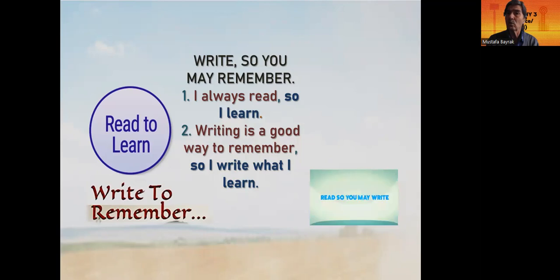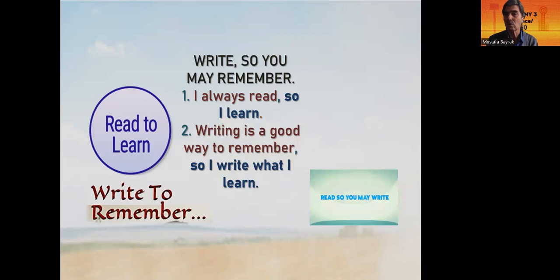Number one, I always read. This is my habit. I always read, so I learn. As a result, I learn. Because they say read to learn, so reading is the cause and learning is the result. The former one is reading, the latter one is learning.